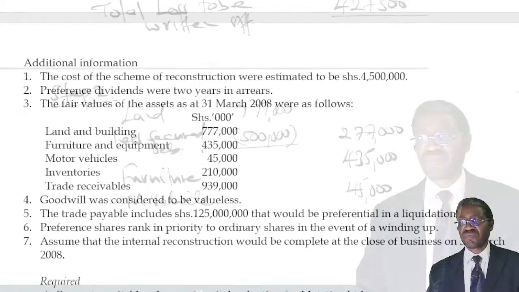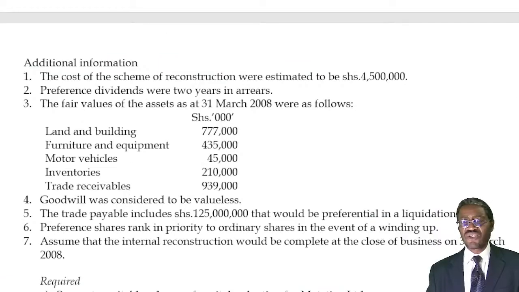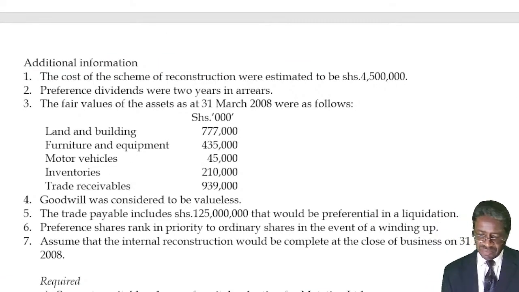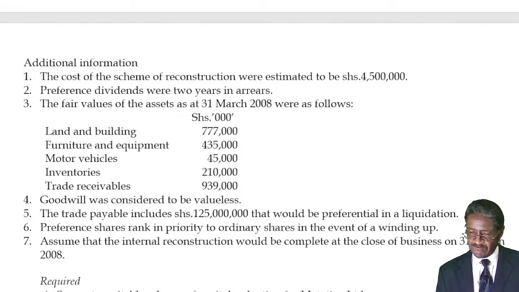Next one, inventory, 210. Last one, trade receivables, 939.